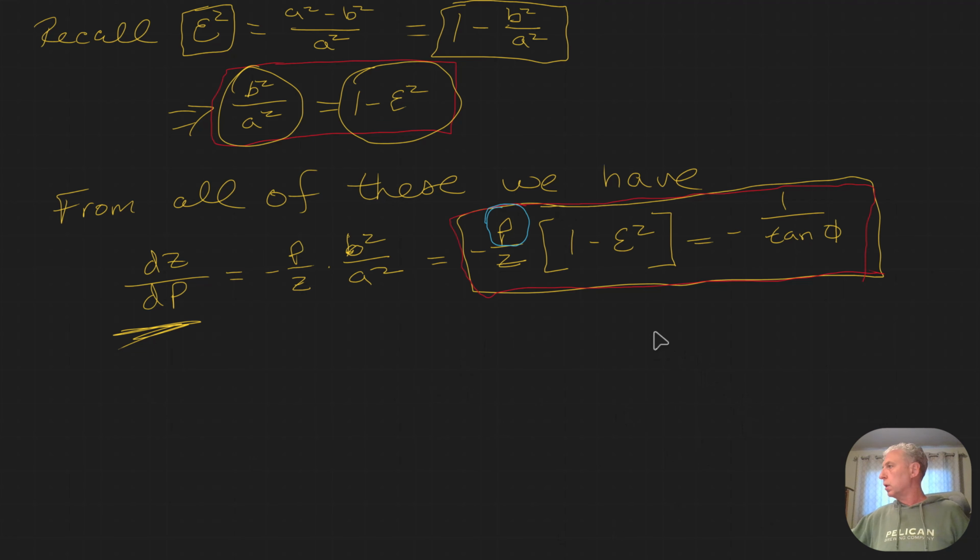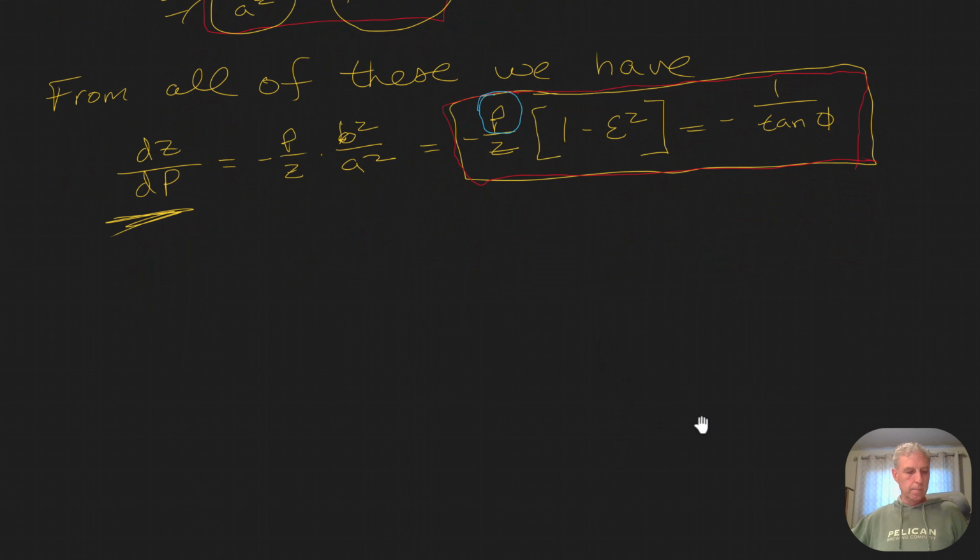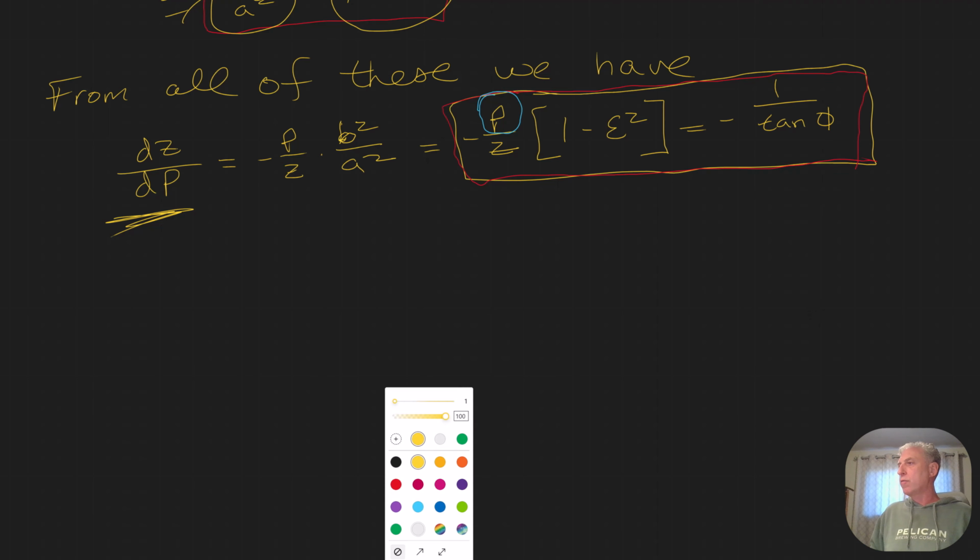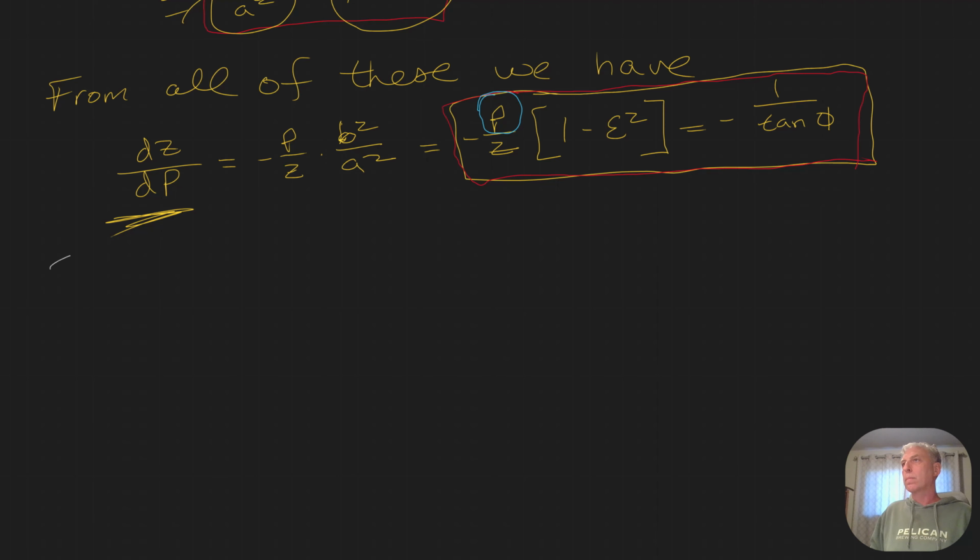Okay, let's see, scoot up. Now we're going to do something a little weird. We're going to solve for z over p using this.